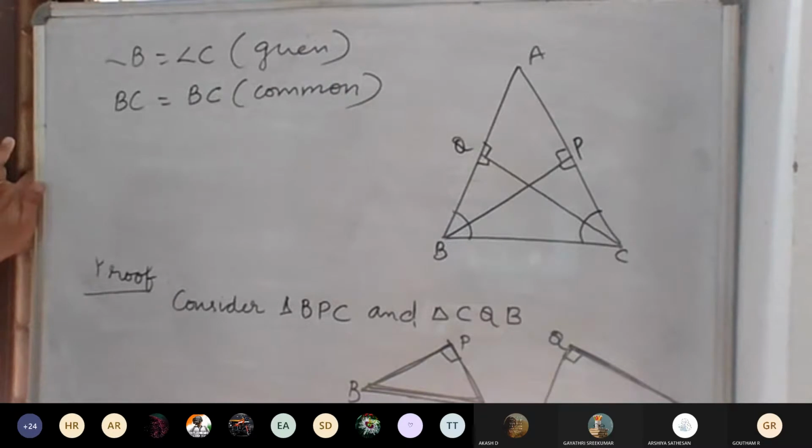Given that two are perpendiculars, that means both angles are 90 degrees. That you can write as RHS, or one more we can write AAS.